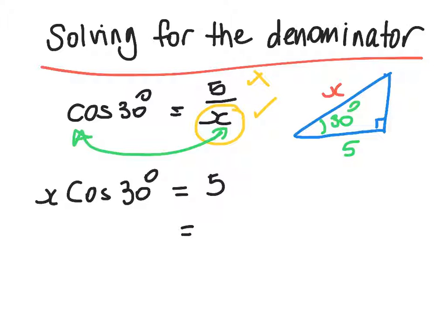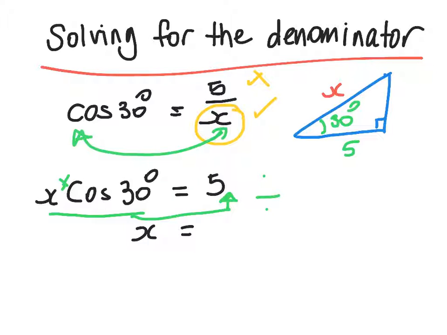Then all we need to do is move this back over here. Now to do that we need to divide. So over here these are timesing or multiplying. Now we need to divide over this side. So this is what it'll look like.